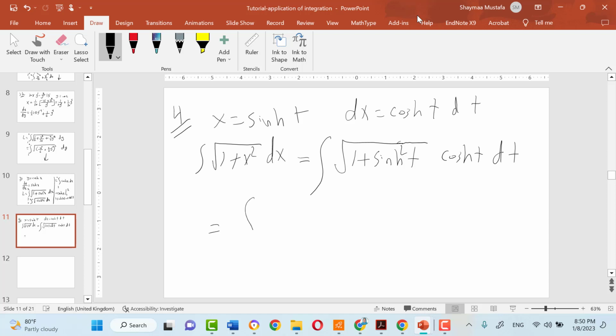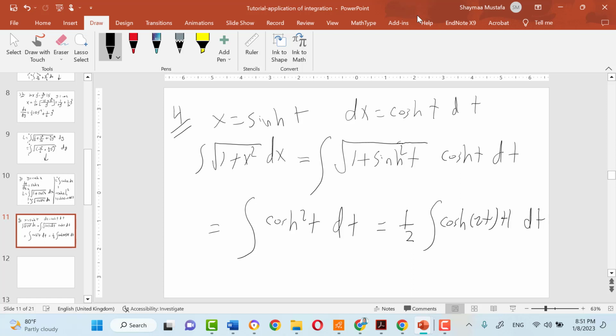So this one is equal to 1 plus sine square is cos square, under the square root, times cos t. Cos times cos, this one becomes cos square t dt. By using the identities, this one is equal to 1 over 2 integration of cos 2t plus 1 dt.